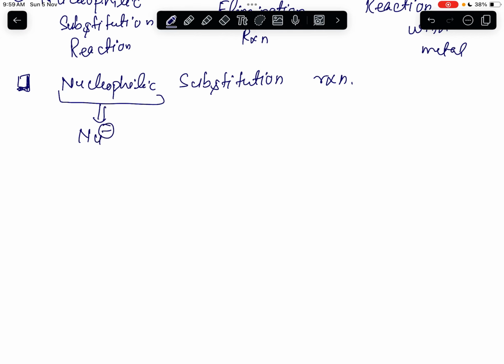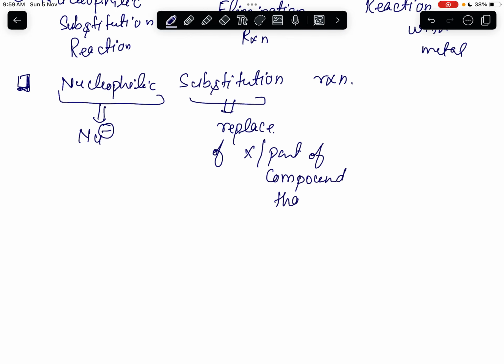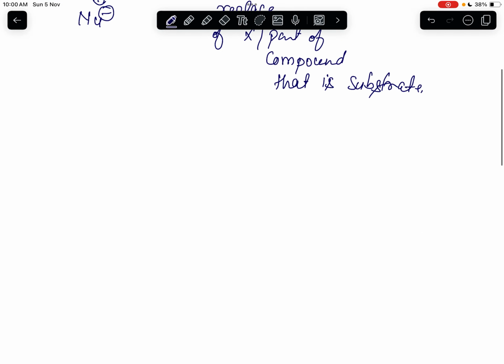Nucleophile means it attracts the positively charged carbon, and substitution means the replacement of an atom or part of the compound, that is the substrate, during the reaction. Let's see the example.